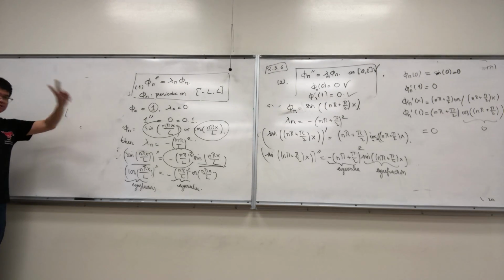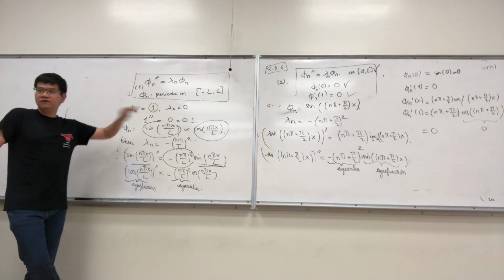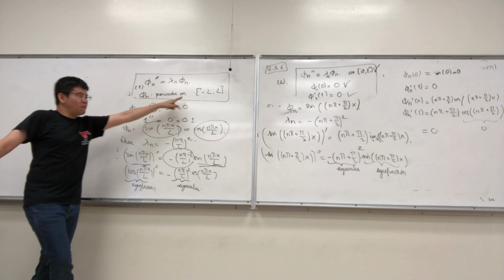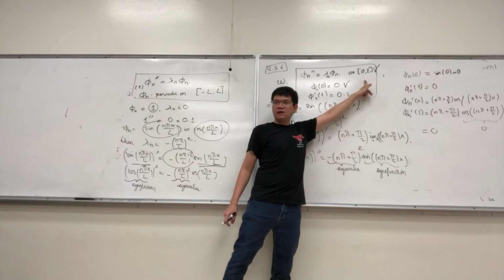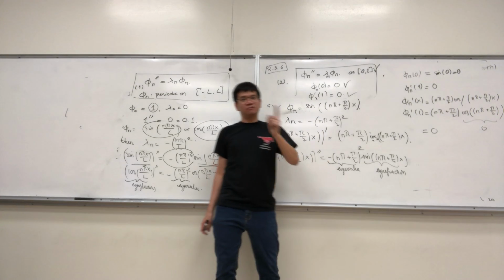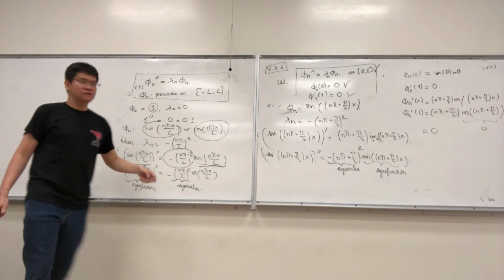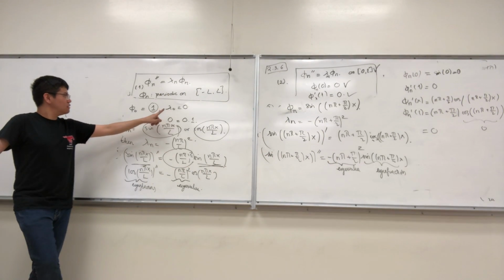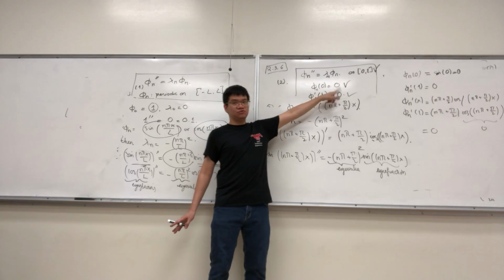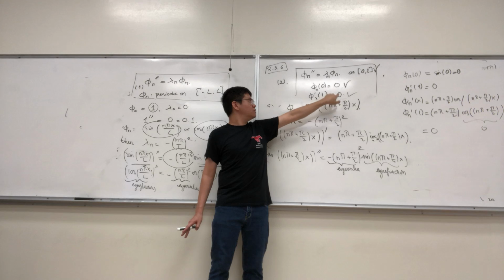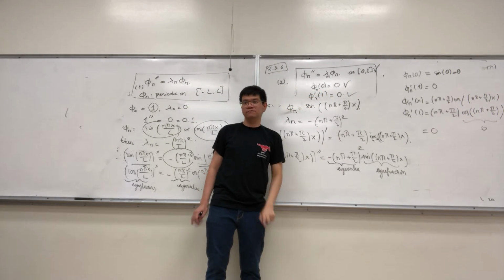So there are two important things. The first thing is that you move from a symmetric domain minus L to L to 0, 1. And the second thing is that you change the boundary condition from periodic to these two boundary conditions: phi n of 0 is 0 and phi n prime of 1 is 0, right?